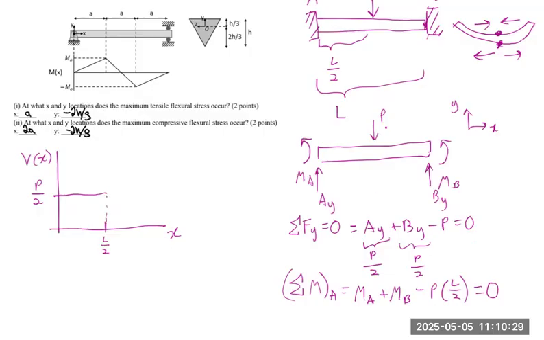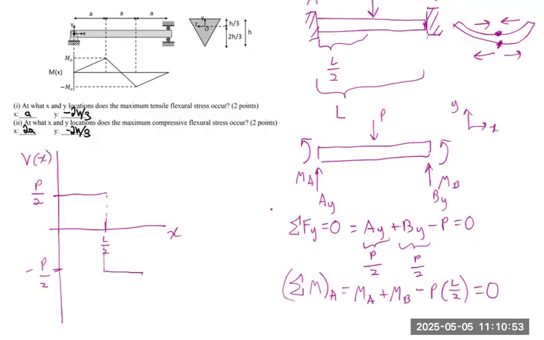And after that, there is a drop of P. So we will drop to negative P over 2 over here. And why is it not P?